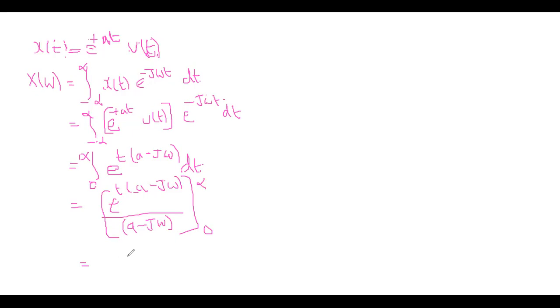When you substitute the upper limit, e power infinity is 0, and at the lower limit e power 0 is 1, so 0 minus 1 whole divided by a minus j omega.